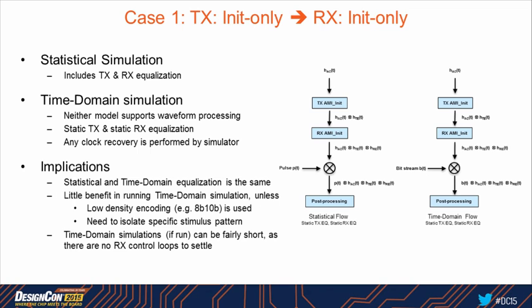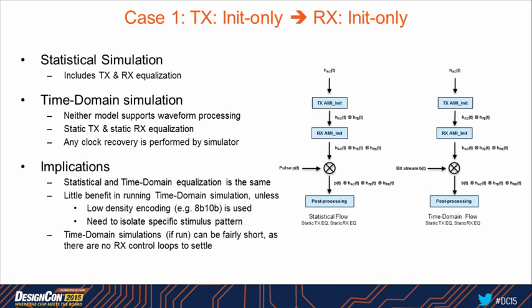Now, the good news is that when we run a statistical simulation, because they both process impulse responses, we're going to get an output that includes both TX and RX equalization. Really what happens is that we start with the impulse response for the analog channel. The simulator passes it to the transmitter model that adds its equalization.